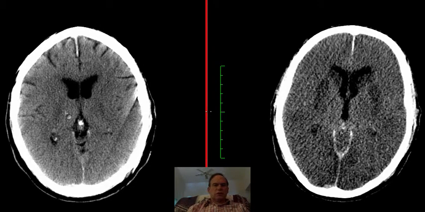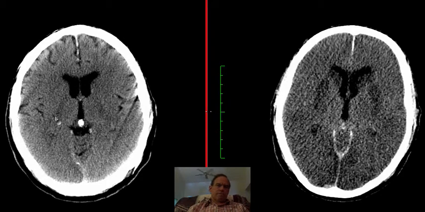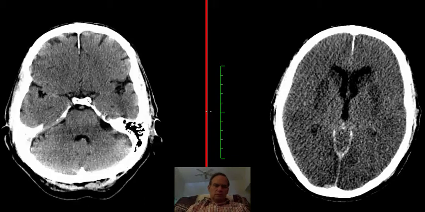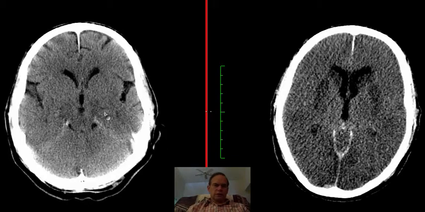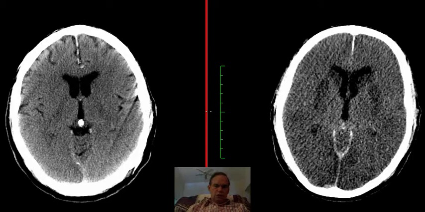We see some low attenuation here in the posterior limb of the internal capsule right here, and that's probably the corticospinal tracts, which often are lower in attenuation than surrounding tissue. But otherwise, if you look at the gray-white matter differentiation, it looks pretty much intact.